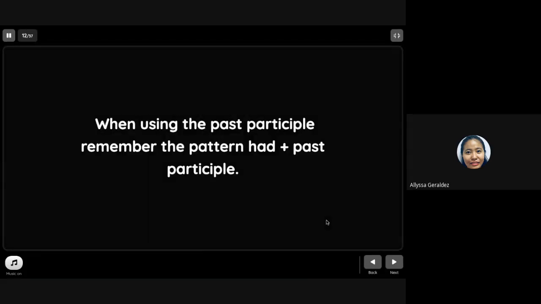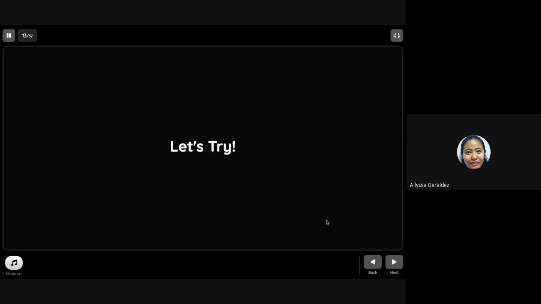And then we have to remember when using the past participle, remember the pattern had plus past participle. And then with that pattern, it will lead us to the past perfect tense. And then let's try. So you have to complete the missing past form of the verb from regular form towards the past form and then the past participle. And then let's begin.